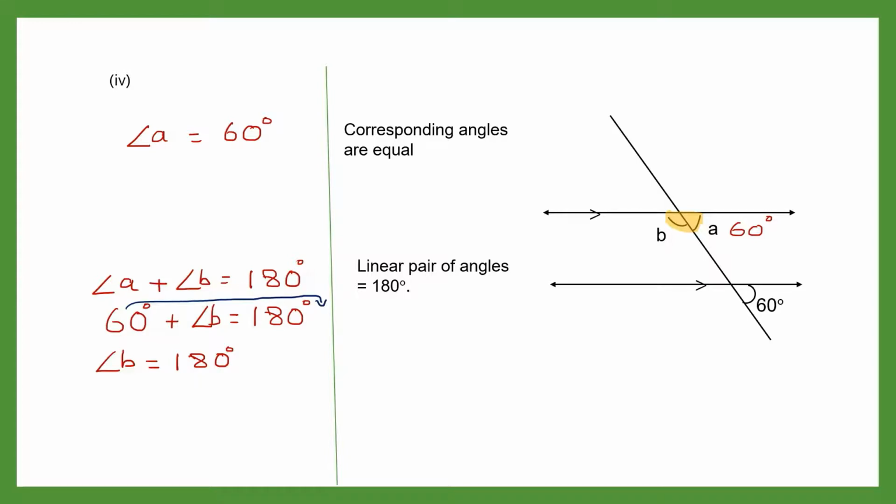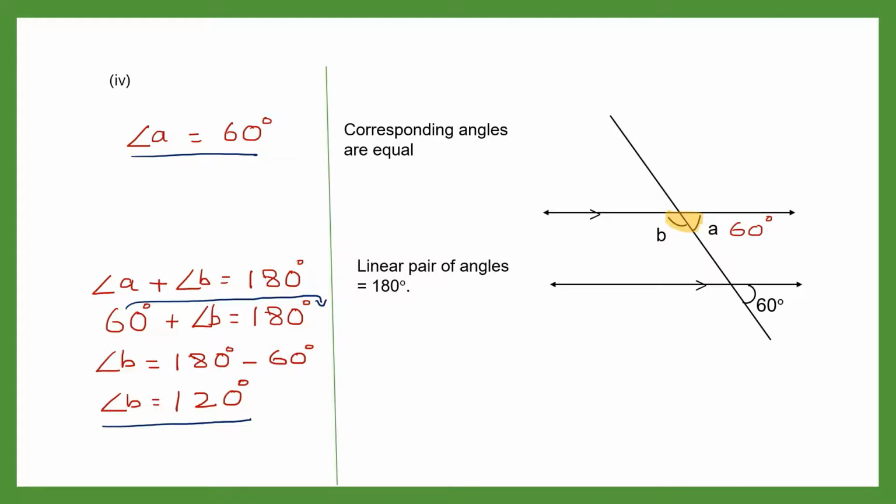It becomes minus 60 degrees. So angle B equals 180 minus 60, which is 120 degrees. So we have found angle A. How? Corresponding angles are equal. Then we found angle B to be 120 degrees by using the property linear pair of angles equals 180.